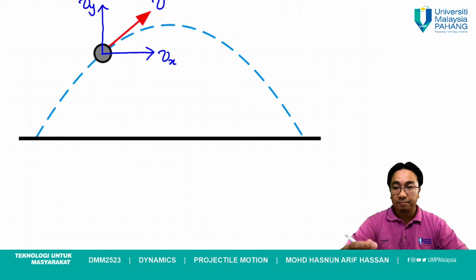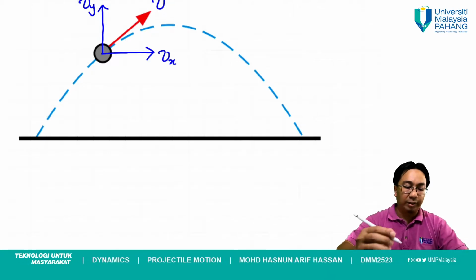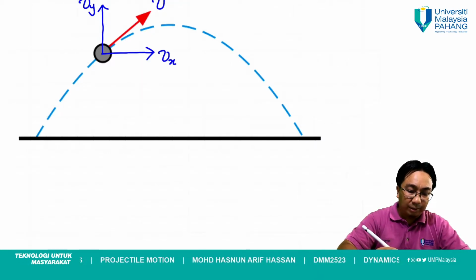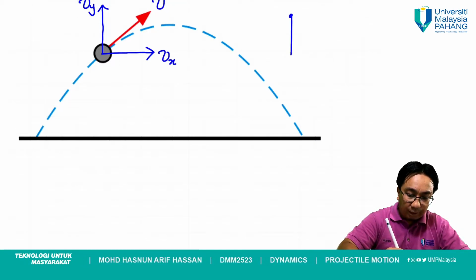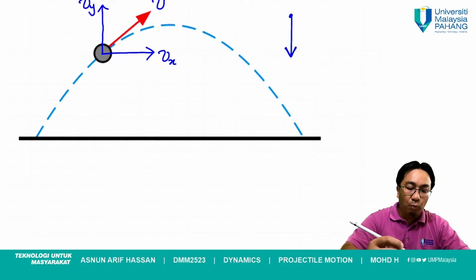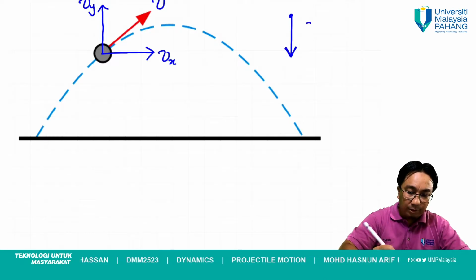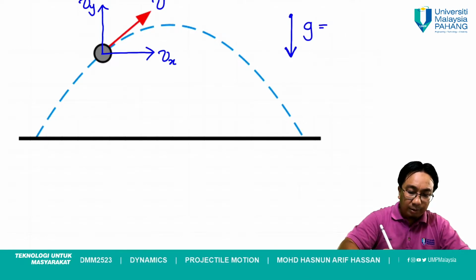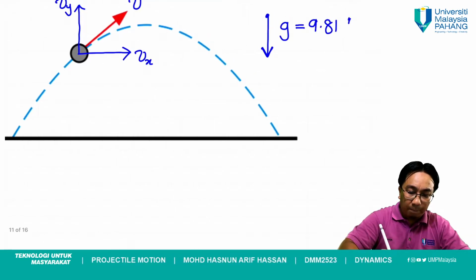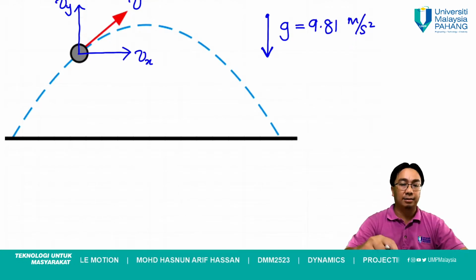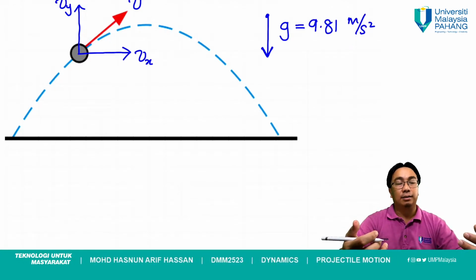Apa dia? Gravity, betul. Gravitational acceleration. So at any time there is a gravitational acceleration ke bawah, which is g. g iaitu sama dengan 9.81 meter per second square. Okay, this is the gravitational acceleration pointing down.